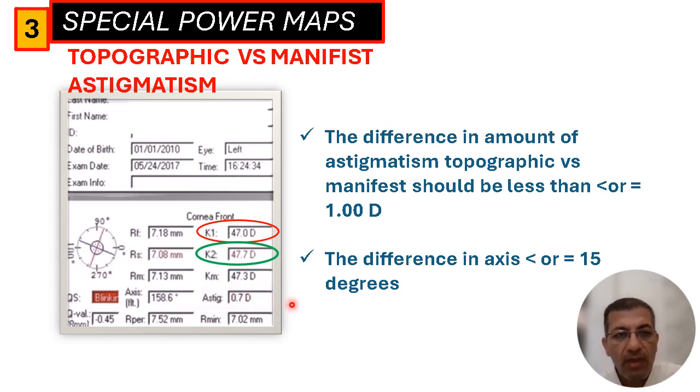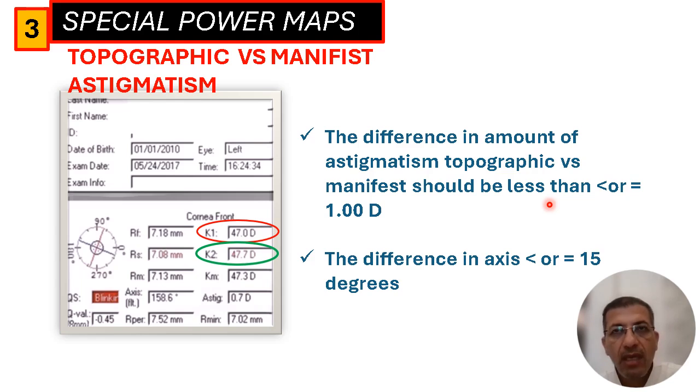The importance of this differentiation between the topographic astigmatism and the manifest astigmatism is that in the presence of skewed radial axis deviations, we have to look at the difference between the topographic and the manifest astigmatism. If the difference is less than 1 diopter, this reduces or neglects the importance of the skewed radial axis deviation.